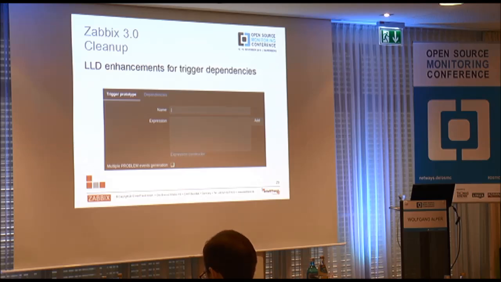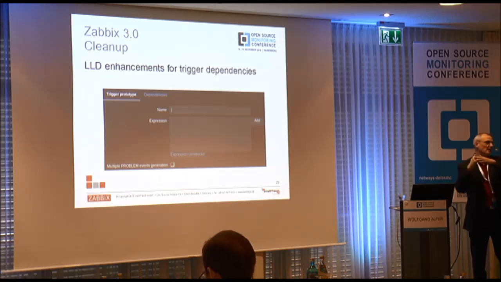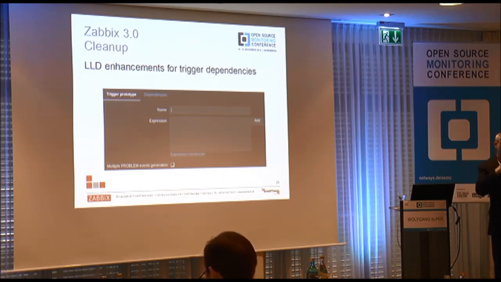What it does is, when you do low-level discovery, for example, you discover your file systems, and you set up rules like: if free space is below 10 gig or whatever you have. The new LLD enhancement for trigger dependencies allows you to define trigger dependencies within the prototype. So you define on the prototype level not only the trigger if it's below a threshold, but you can define multiple triggers within the prototype that are dependent on each other.